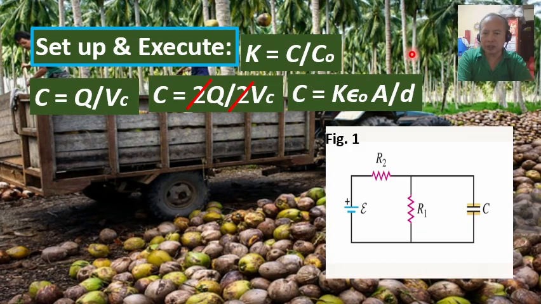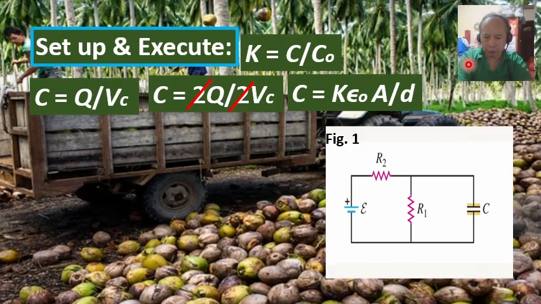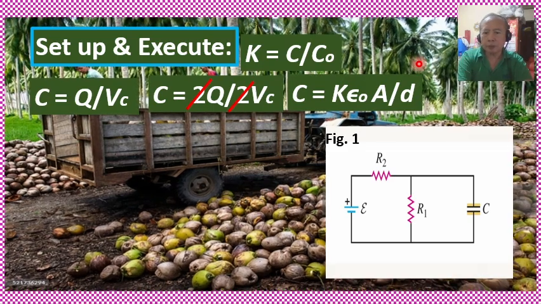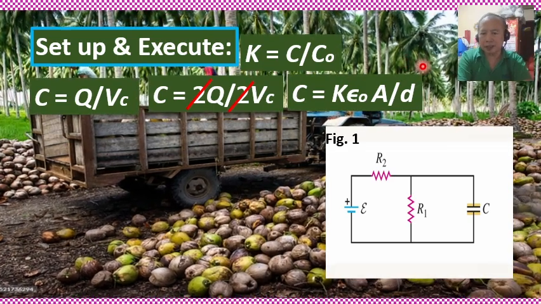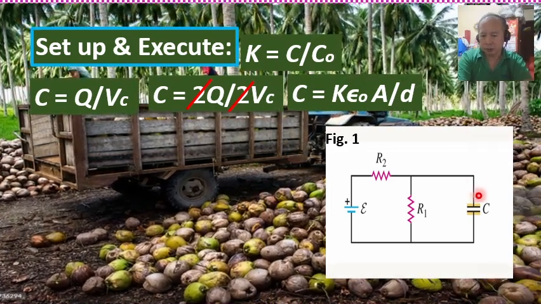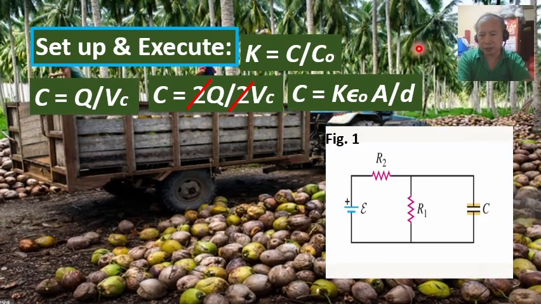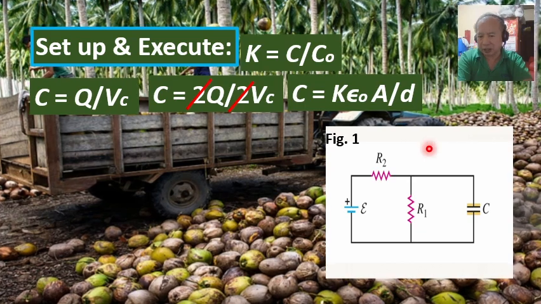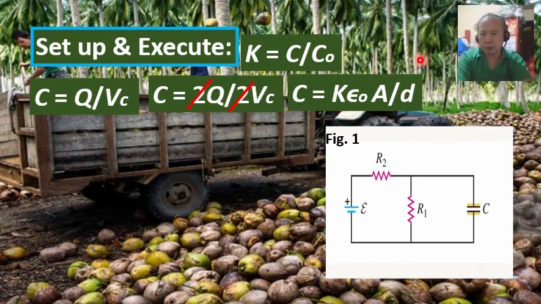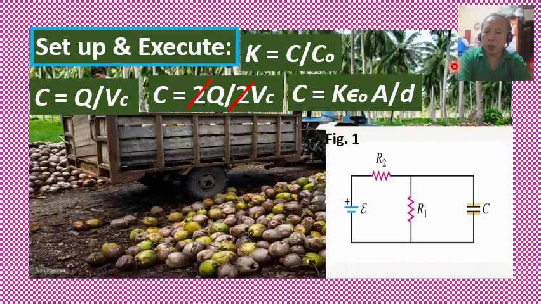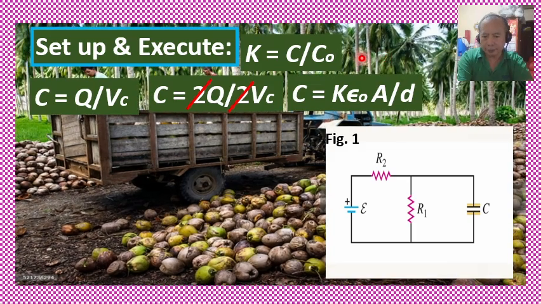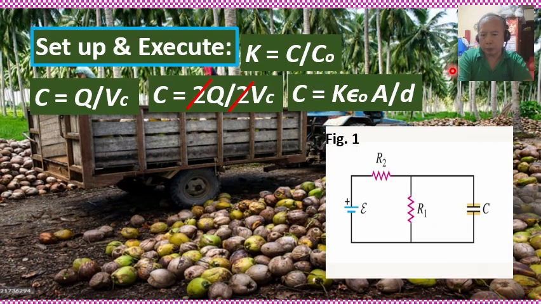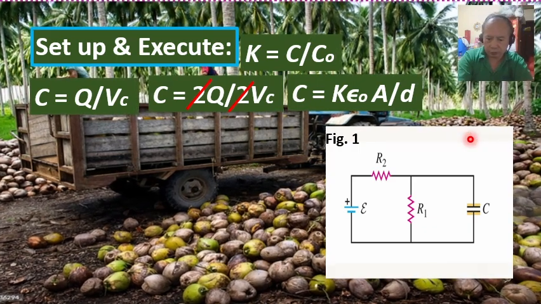But its value ranges from 1.00, if there is no dielectric used between the two charge plates. But if there is a dielectric made of an insulating material, then the value of kappa is higher than 1.00.